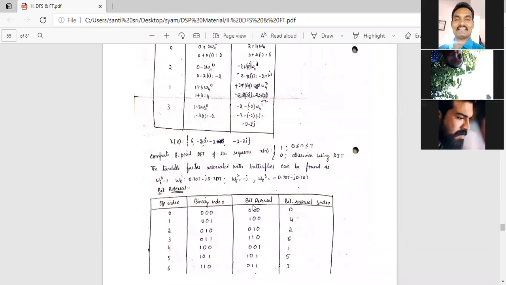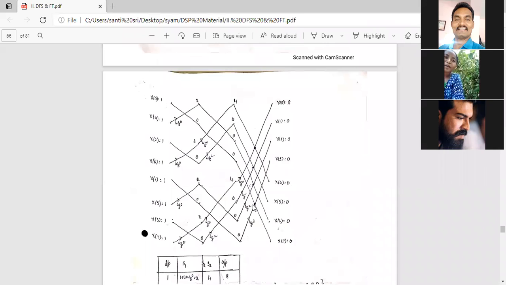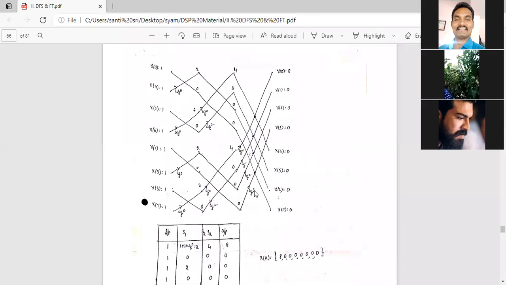Like this, we can draw the butterfly diagram.